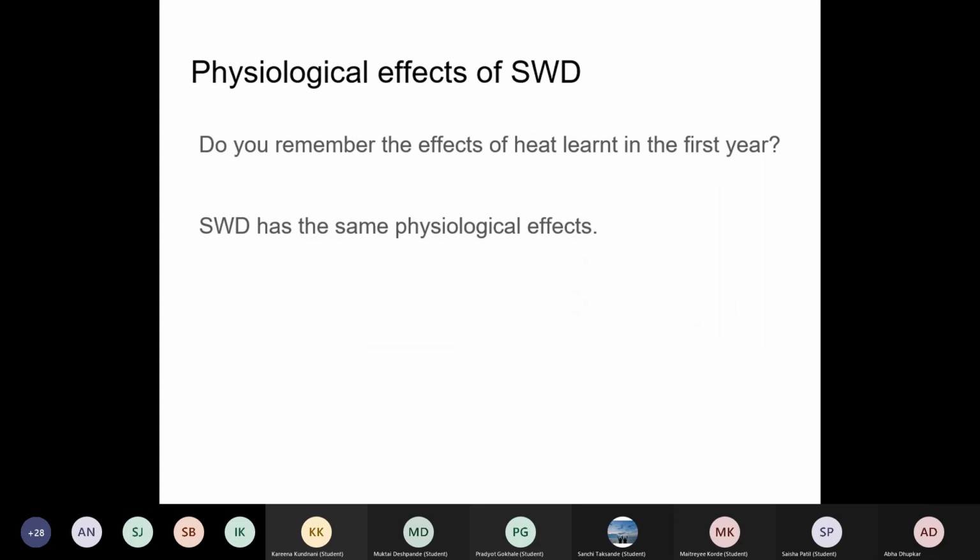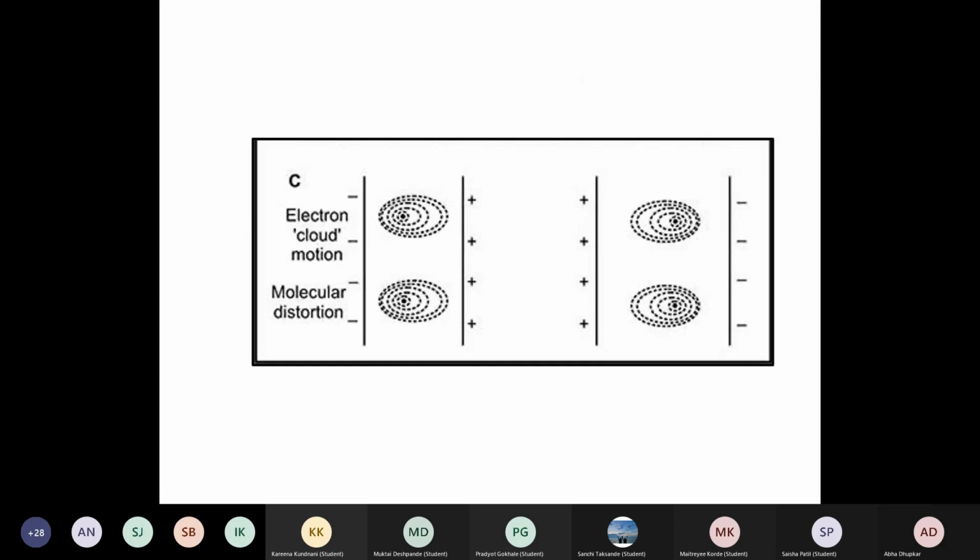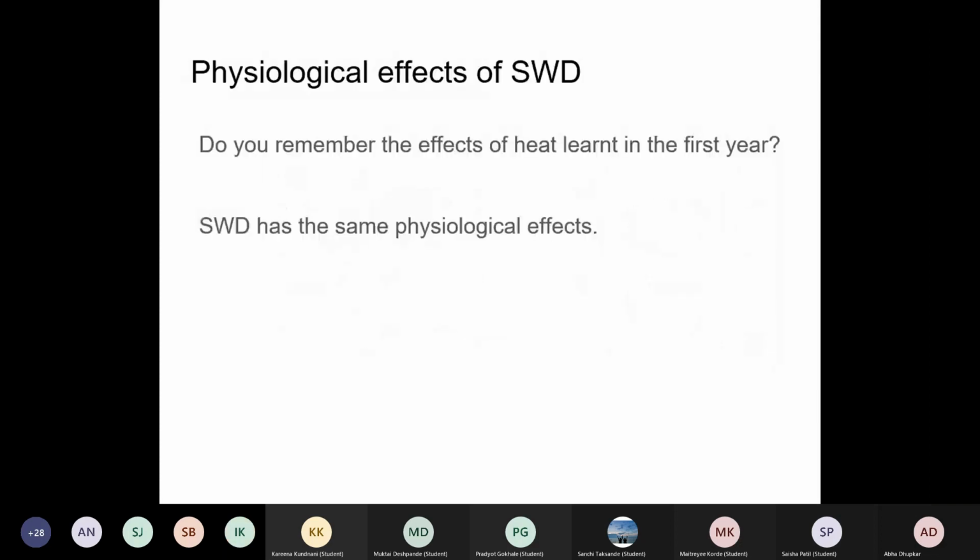Everyone okay till now, till this part? Yes, ma'am. Right? Let's look at the physiological effects of heat. Do you remember the effects of heat that you did in the first year? Yes, ma'am. Do I get a resounding yes? I'm hearing only a few voices since yesterday.